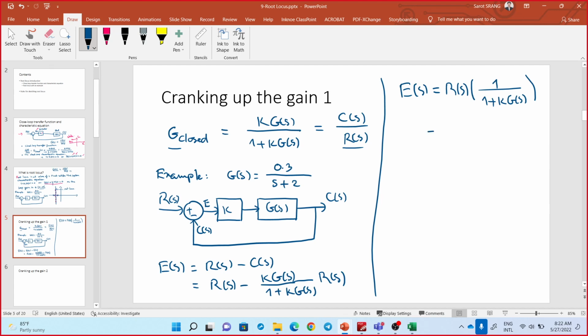And if we substitute g of s by the ratio of n over d, I can have R of s times d of s over d of s plus k n of s.